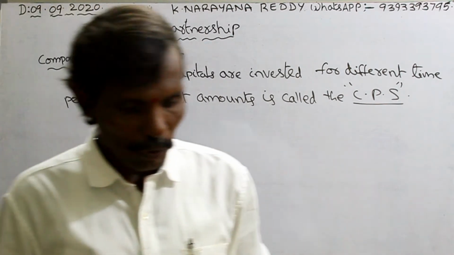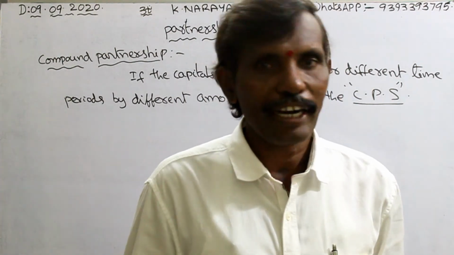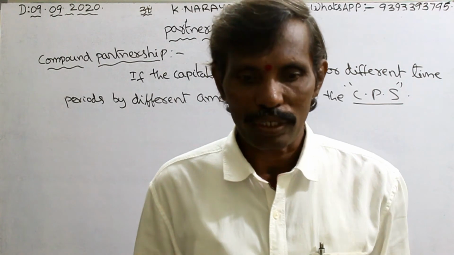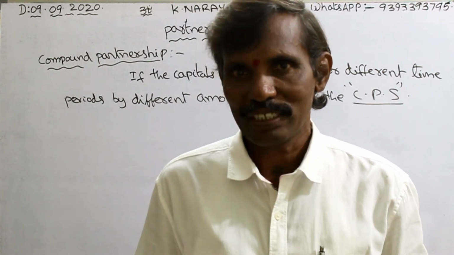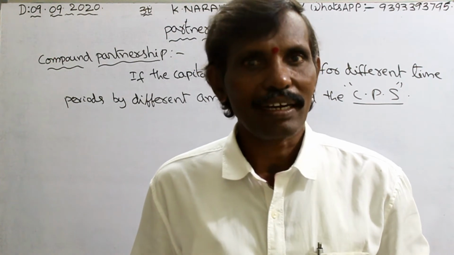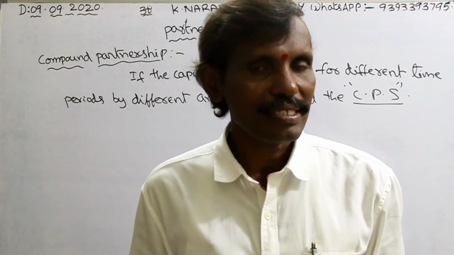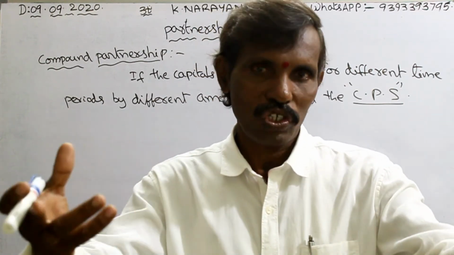Suppose some persons may invest 100 rupees, some 1000, some 1 lakh, some 1 crore, some 10 crores, some 50 crores, some 100 crores, depending upon their capacity. So different persons can invest in different time periods and different amounts.